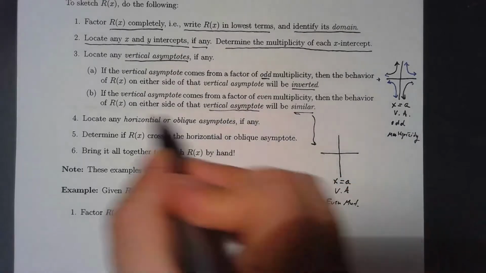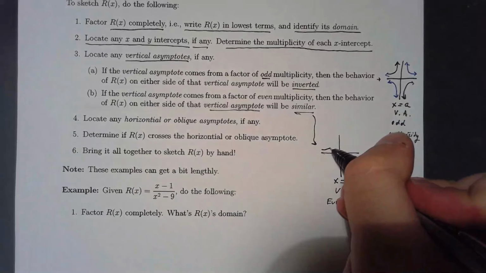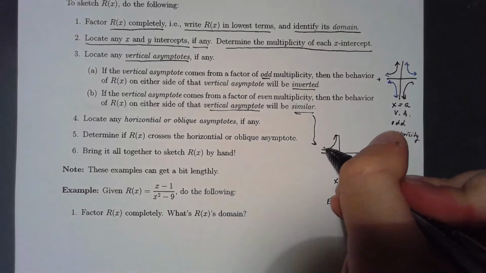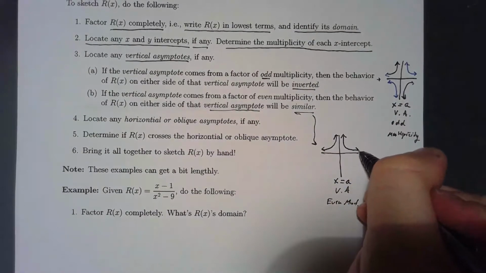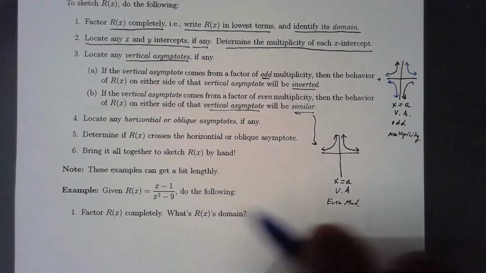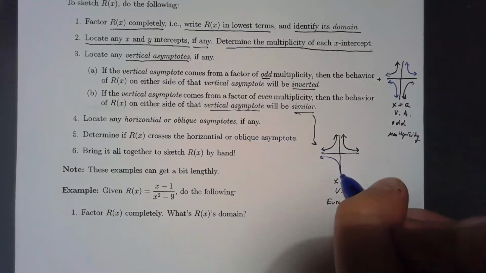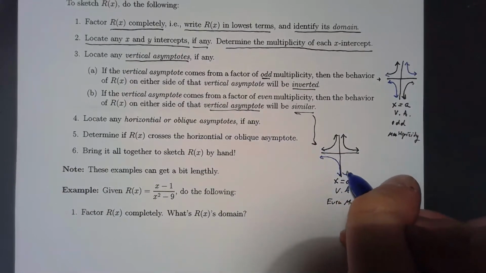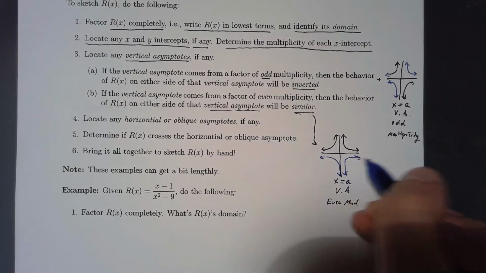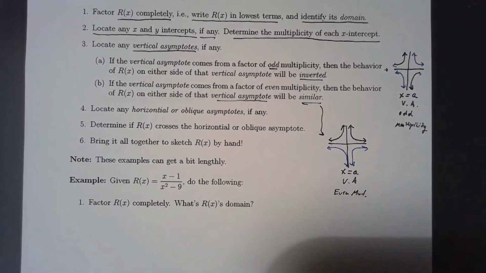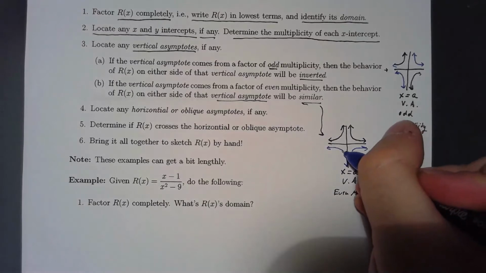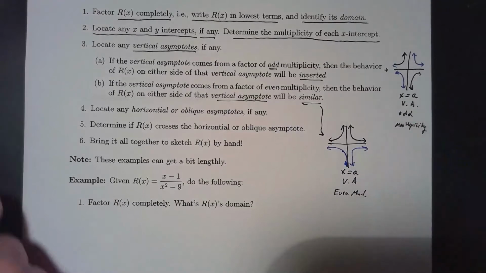So what that means is the graph will either look like this, it'll be similar, or it'll be like this. Okay, so you'll see what I mean when we get to it, but that's basically what it will do.